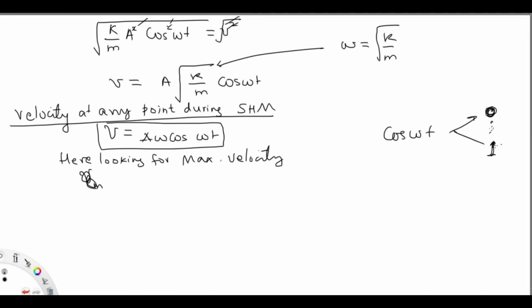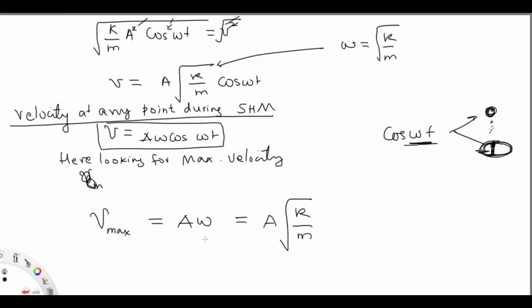But if we have cosine omega t to be 1, then that would be the maximum value. So v max would be A omega. Again, omega is the square root of k over m.